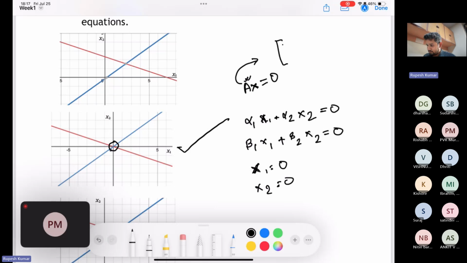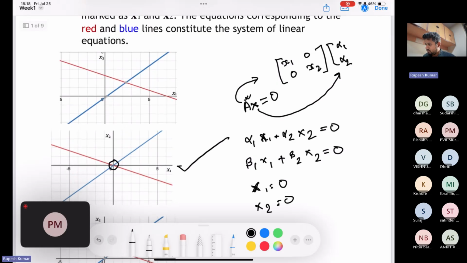So A contains alpha 1, alpha 2, beta 1, beta 2, and then the vector x. So Ax equals 0, right? Then alpha 1 x1 plus alpha 2 x2 equals 0, and beta 1 x1 plus beta 2 x2 equals 0. Then you want to solve for x1 and x2.